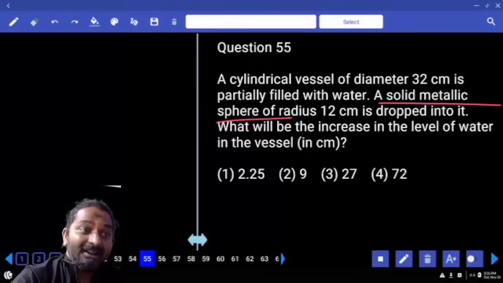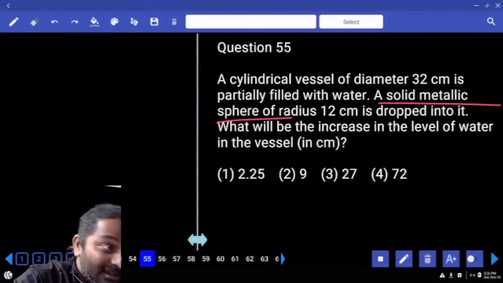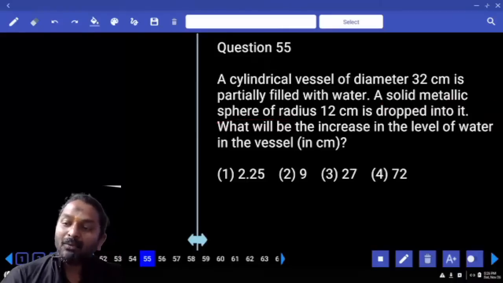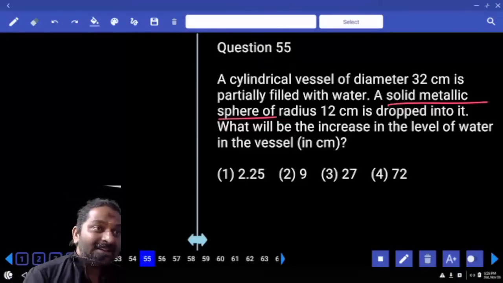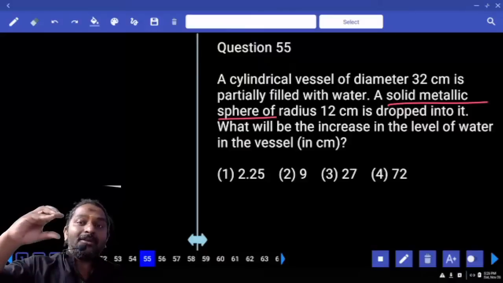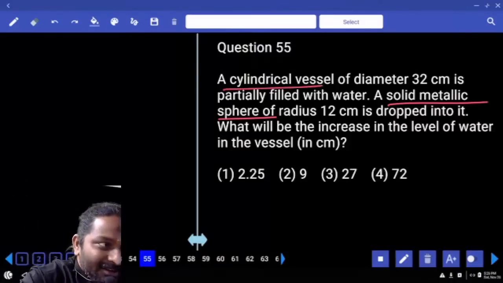Surface area, radius, height, area, volume. Volume. Whatever the volume of the metallic sphere, the same volume rise will be there in the cylinder. Agreed or not?